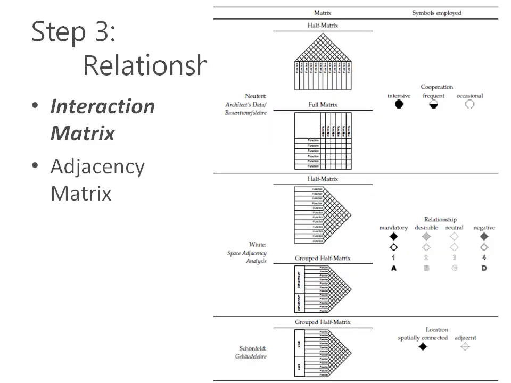The next thing in literature. So you have relationships between functions. And in literature, you find more or less everything. In Neufert, you find full matrices depicting the relationship of cooperation between different functions. And he does that, for example, for whole hospital units.